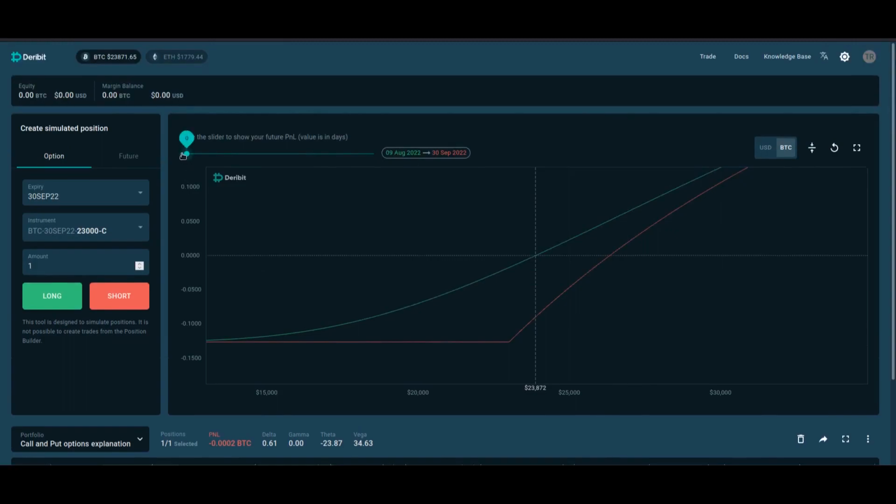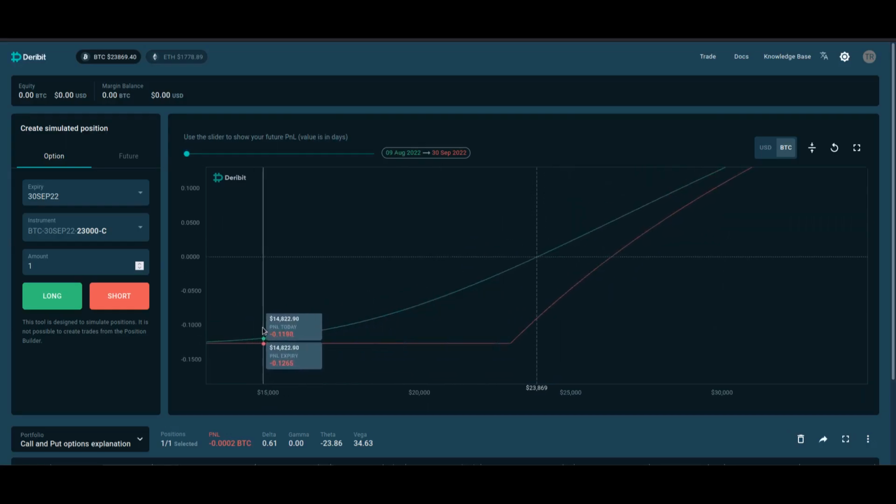If we move this scroll point toward a future time closer to our expiration date, we can see how our PNL will change after some days have elapsed. At the expiration date, we will get PNL exactly the same as the red line, which is the expiration date PNL.